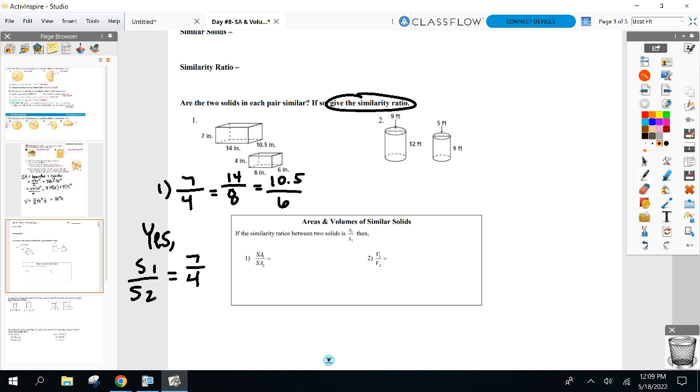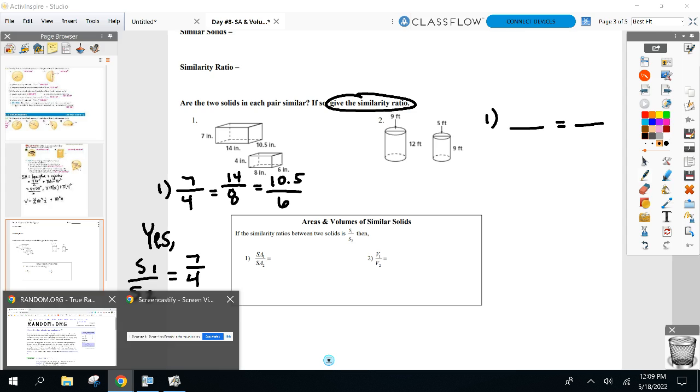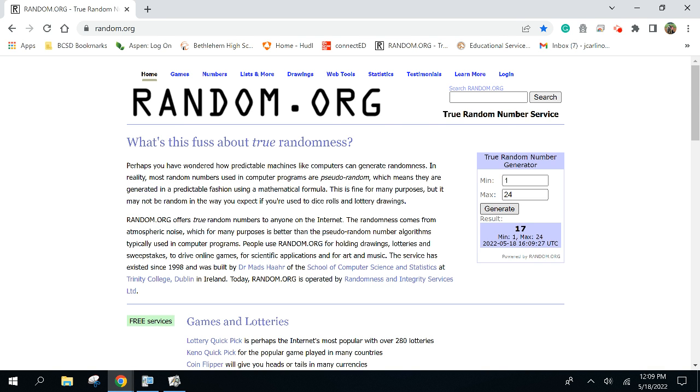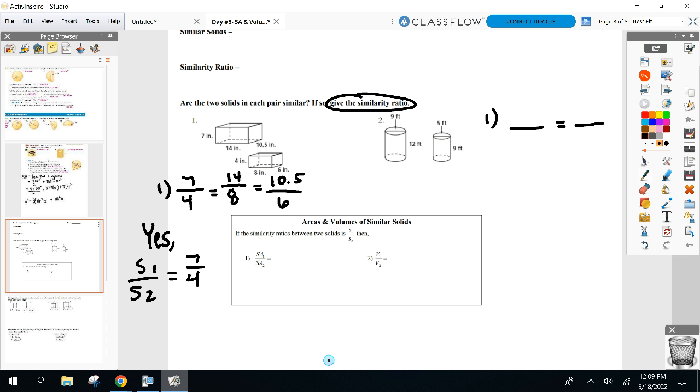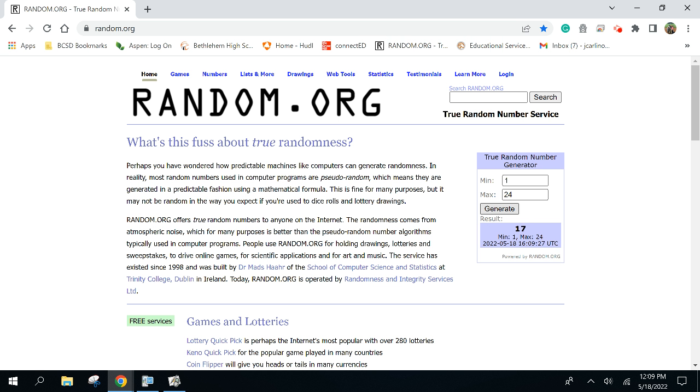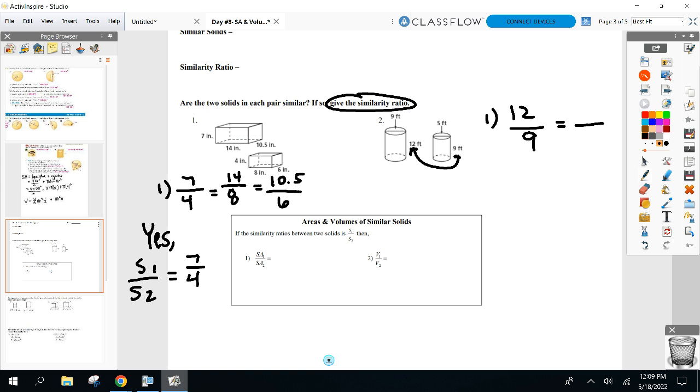Are these cylinders similar? Well, they're both cylinders, which is good. But are they in the same ratio? All right, can somebody give me a ratio to check? 17, give me 2 corresponding measurements. 12 and 9. So is 12 over 9 in the same ratio as, give me another one to compare it, 10? 9 to 5.